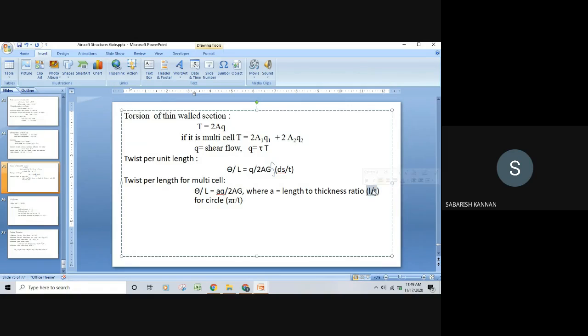Length and thickness we know, using that we find the A value. Then substitute the shear flow and the area of the section, and G is the modulus of rigidity, already given in the problem. This is a constant value. So this is the twist per unit length.